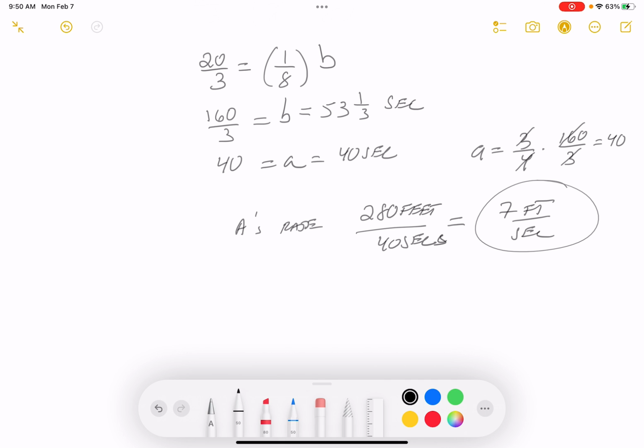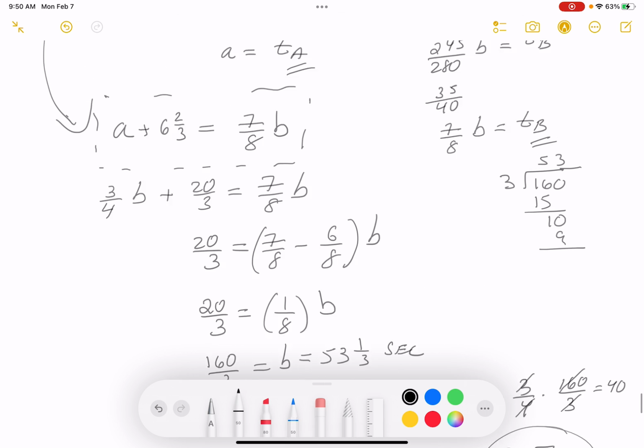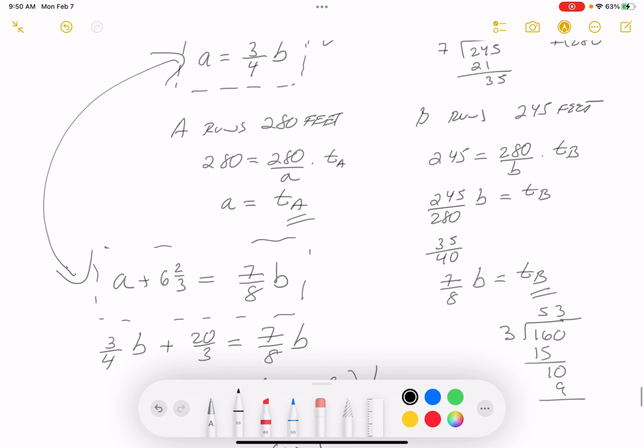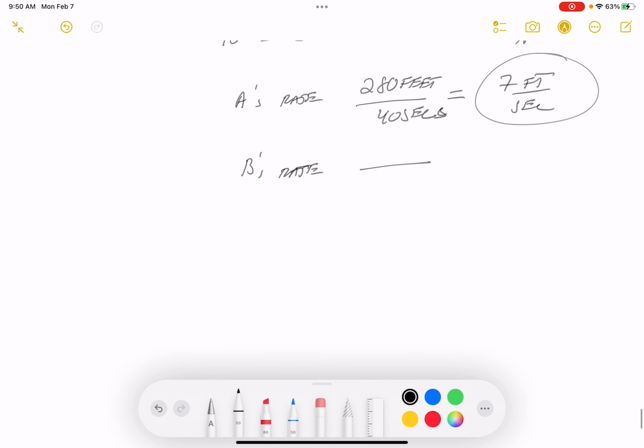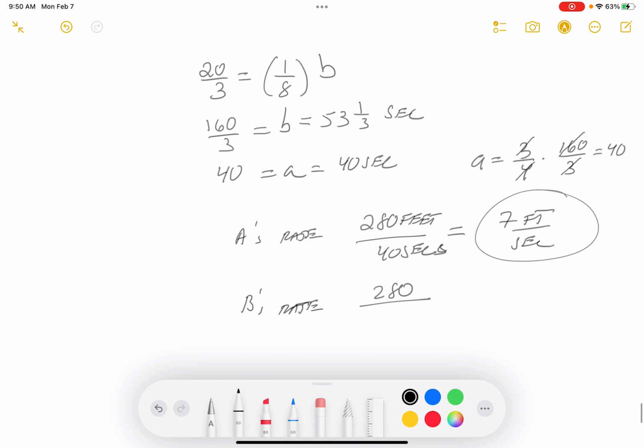All right. And then I got to do B now. And let's see what B is going to be. That's going to be a tougher one, isn't it? And B's rate, let's put this down over here. I got to remind myself. I can't remember, to be honest with you. And B's rate was 280 over B. So 280 over B. And what's B? Oh, 160 over 3. And this is feet per second, by the way. But anyway, I have to do the arithmetic over here.